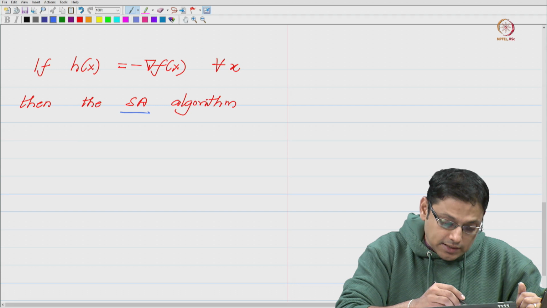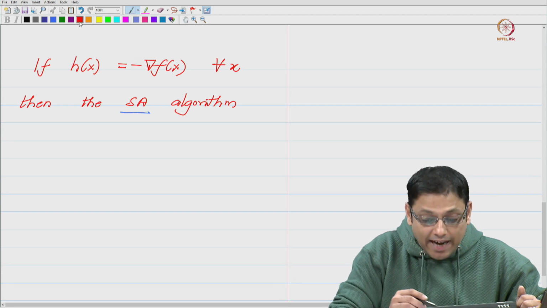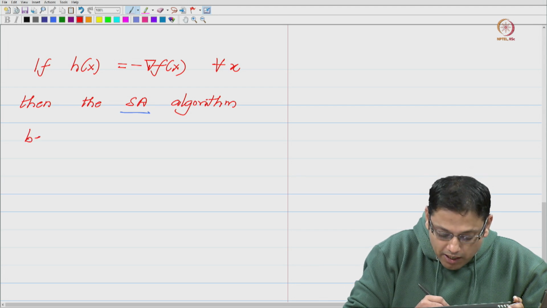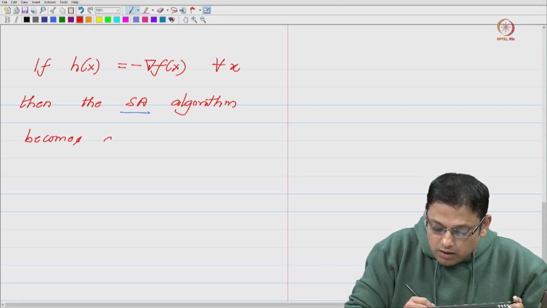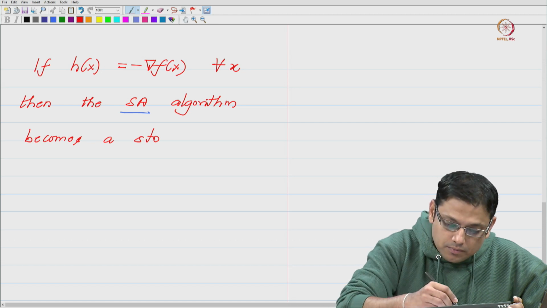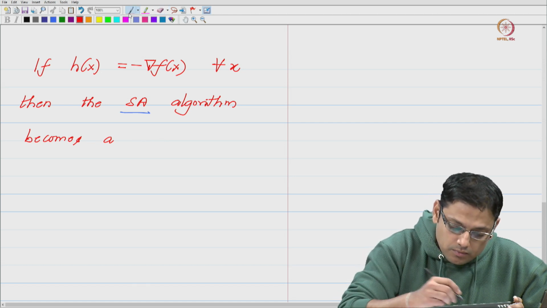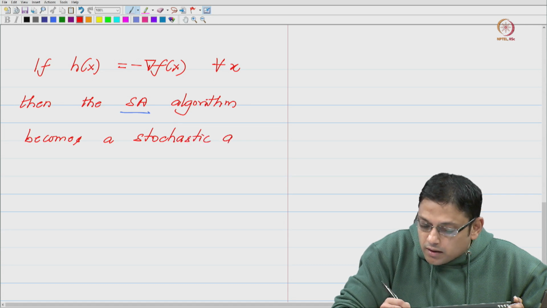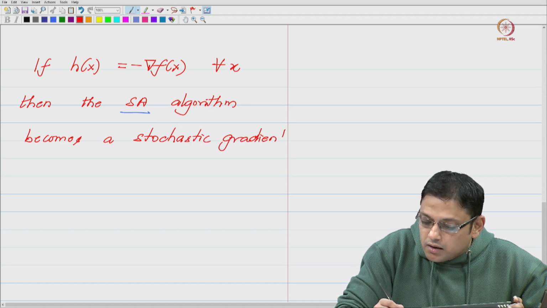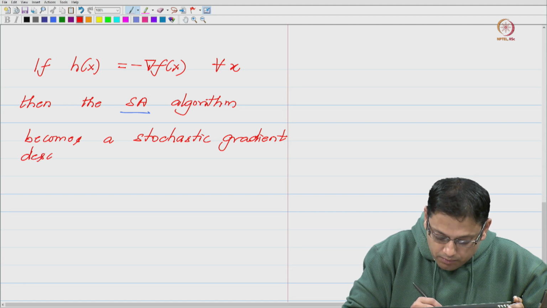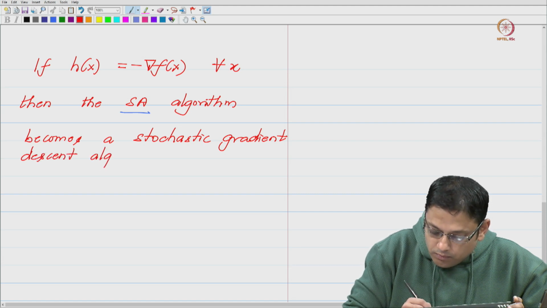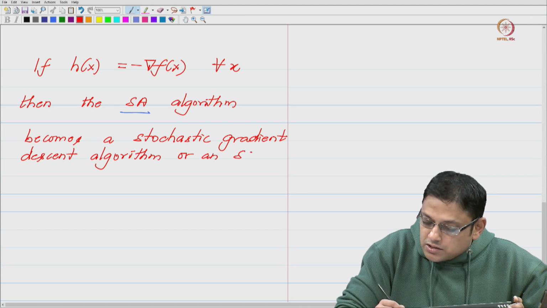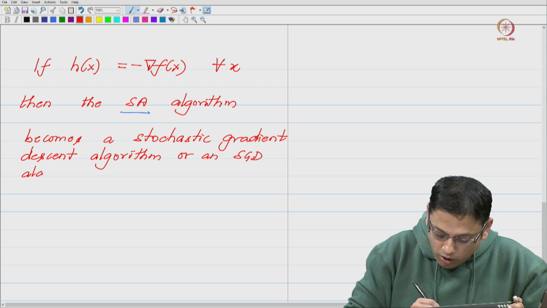So let's go back to our discussion. If h(x) equals grad f(x) for all x, then the stochastic approximation algorithm becomes a stochastic gradient descent algorithm, or an SGD algorithm in short.